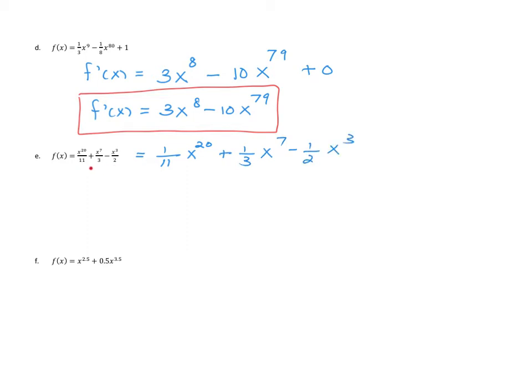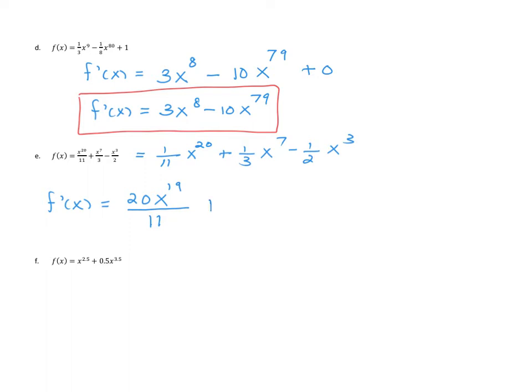Since I expressed it in this form, I'm going to take the derivative from here. So the derivative of f with respect to x is, I'll write this as 20 times x to the 19, and this whole thing is divided by 11. Again, whether you put 20 over 11 in front or leave it as one fraction, it's the same thing.